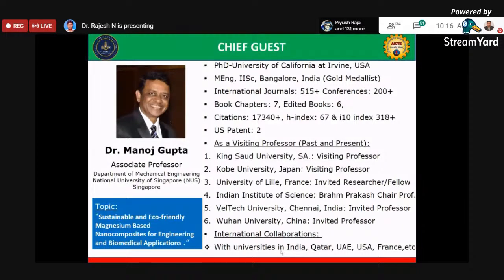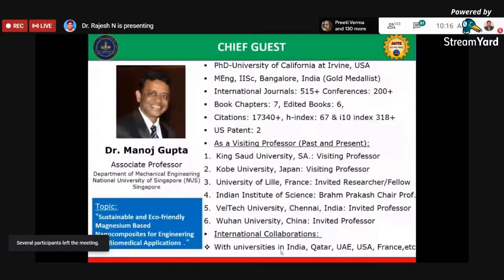And he has worked as a visiting professor at many universities. These are a few glimpses. King Sword University from South Africa as a visiting professor, Kobe University from Japan as a visiting professor, and University of Lille, France. He was an invited researcher at the Indian Institute of Science.